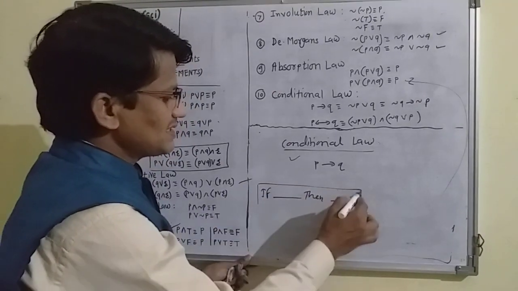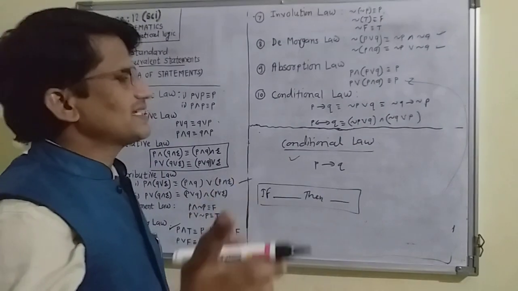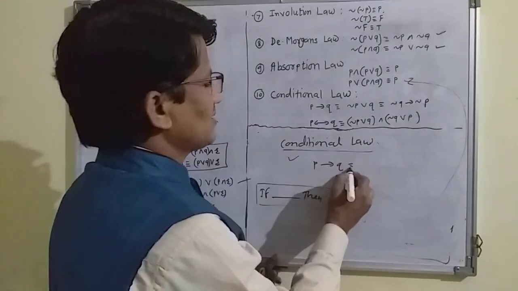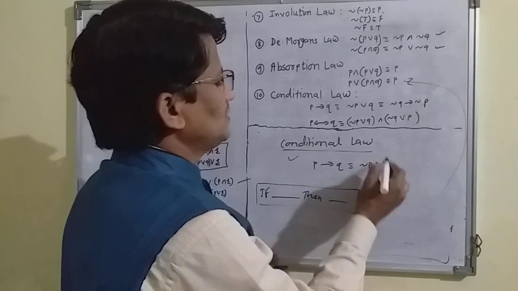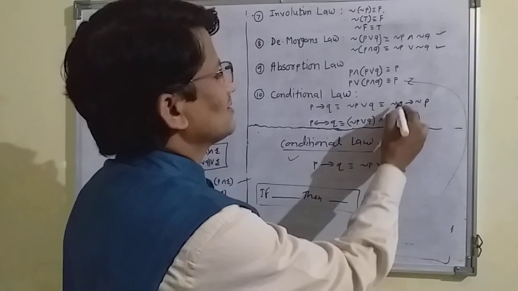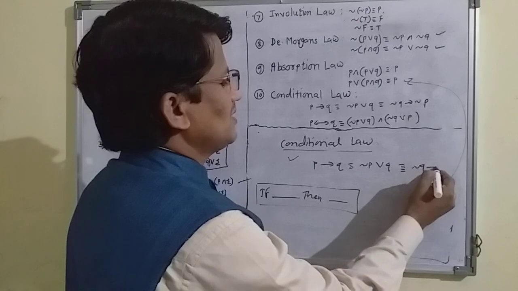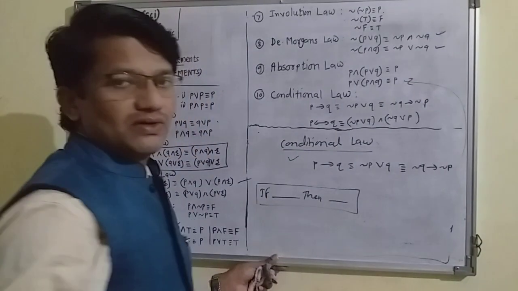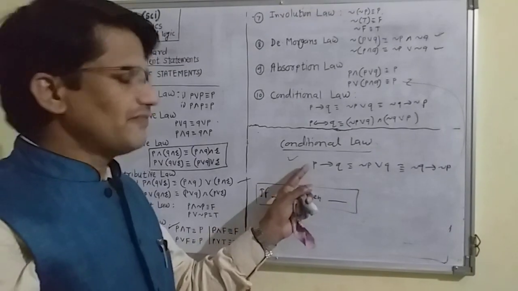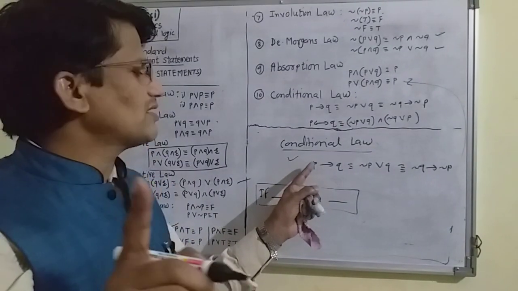But the same statement can be represented in 2 different ways. It is equivalent to negation of P or Q, and also to negation of Q implies negation of P. Very important rule. This rule is very important from the competitive exam point of view.